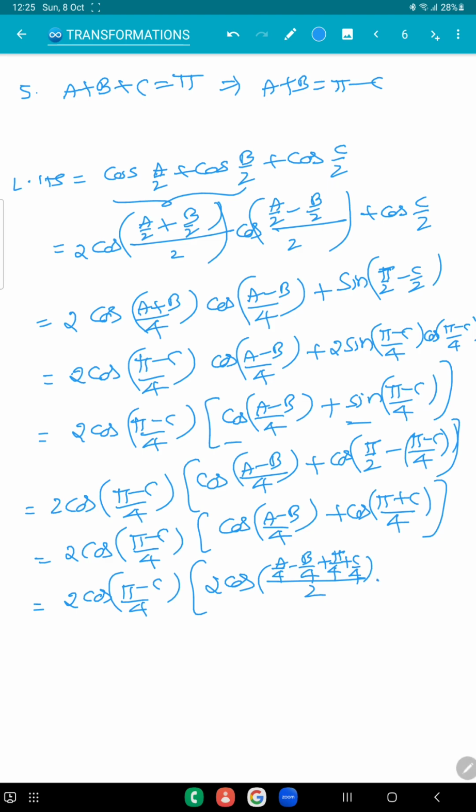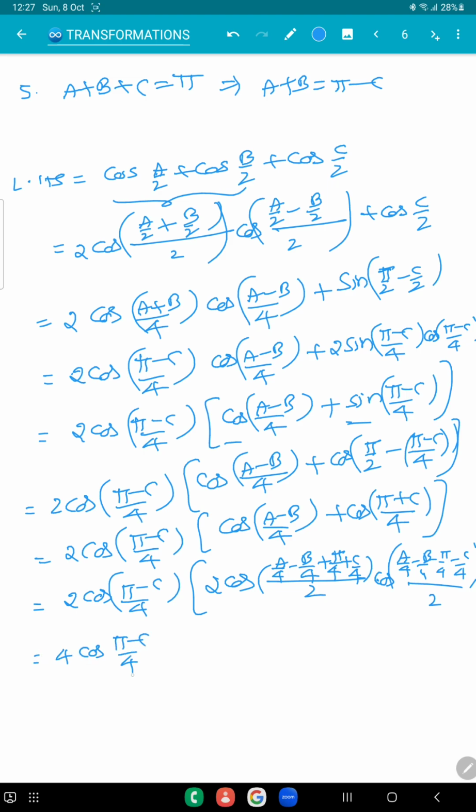Cos((C+D)/2) cos((C−D)/2). So a/4 minus b/4 minus π/4 minus c/4, over 2. We should calculate. That's only simple calculations.